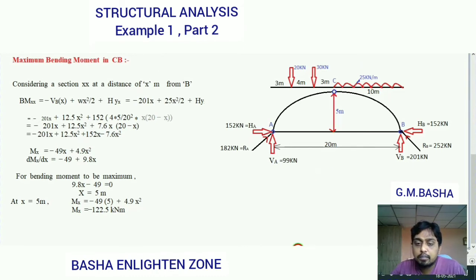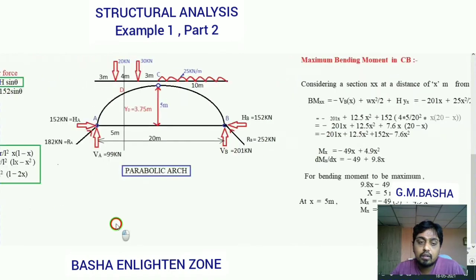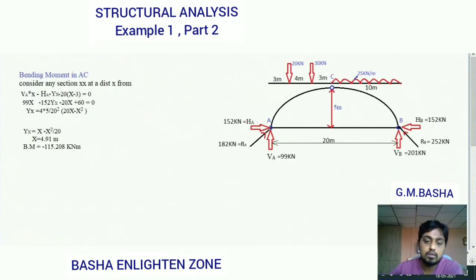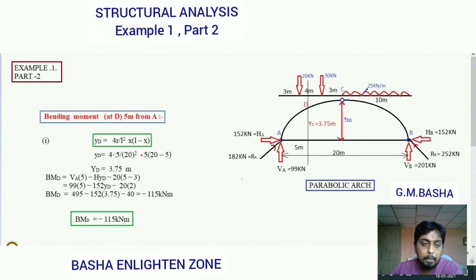So in the first point, they mention clearly, find the bending moment at D, 5 meters from A. It means they mention clearly that for a 5 meter distance you have to find the bending moment.